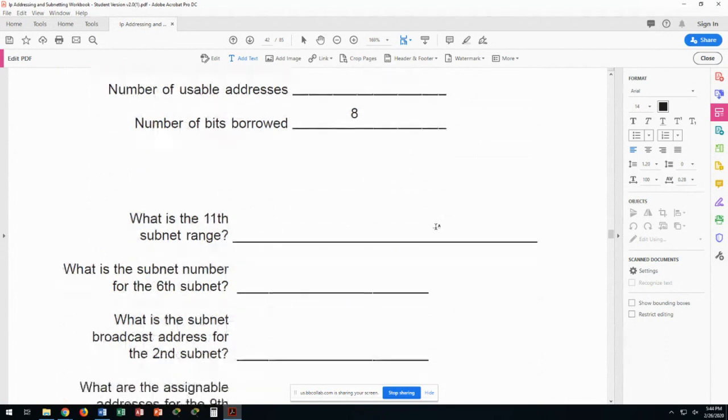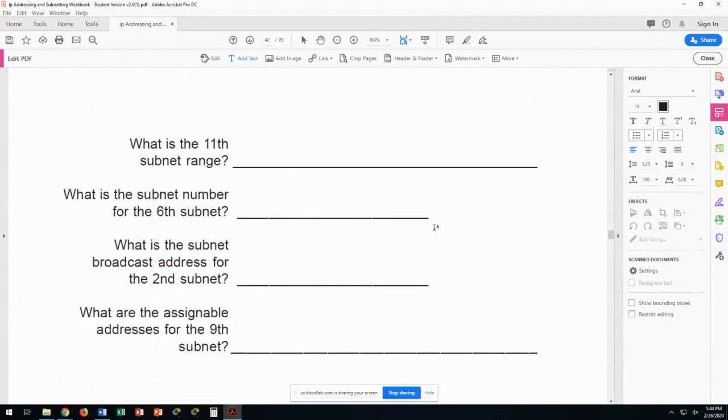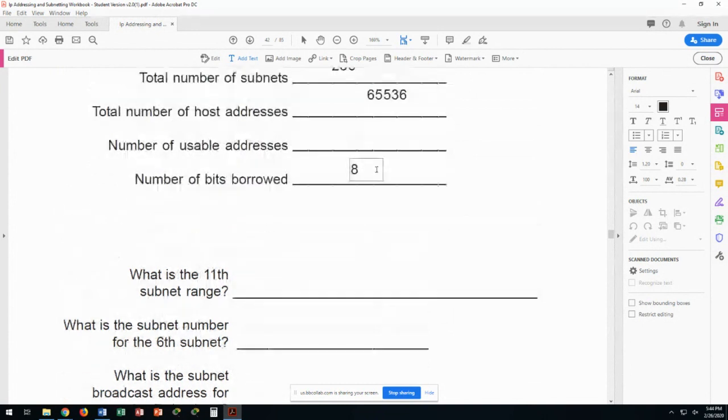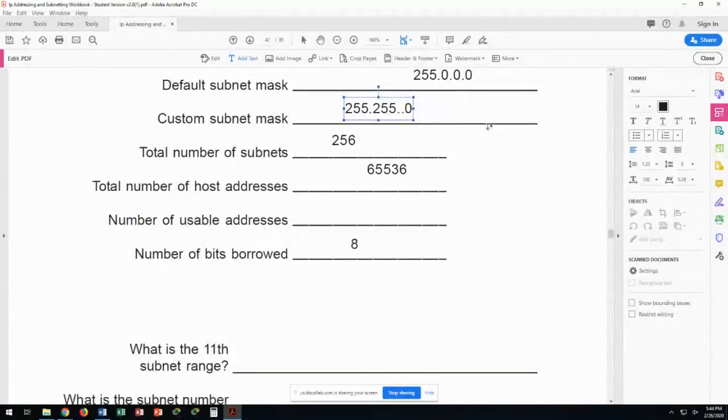Oh, yay. So here's some where they get harder. They ask you, what's the 11th subnet range? So let's kind of do that. How many hosts are here? 34, that's usable.